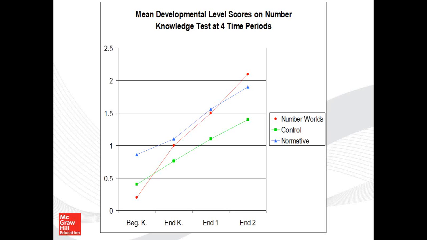And certainly in other populations where I've used the program, there have been many students in the class who are not at risk because they happen to be in the same classroom. The Number Worlds program seems to work just as well for your average middle income student as it does for the struggling students who need it, the at-risk population.